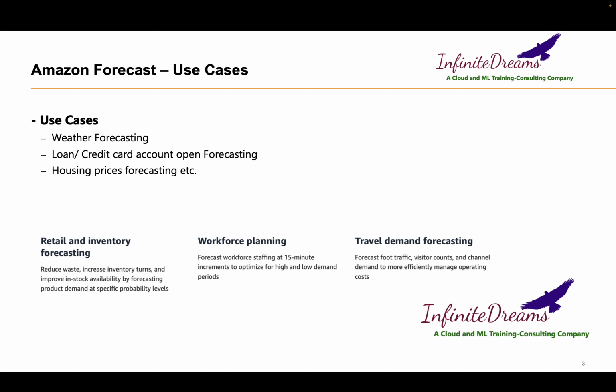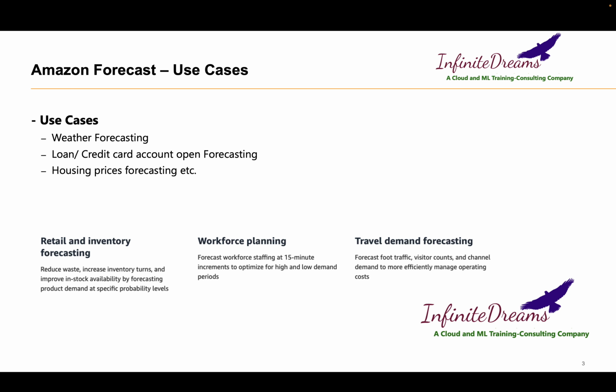Or in the housing industry, sometimes we want to predict how the housing prices will go for the next 6 months, a quarter, or a year. So any type of forecast which we want to do in our business, we can use this service.